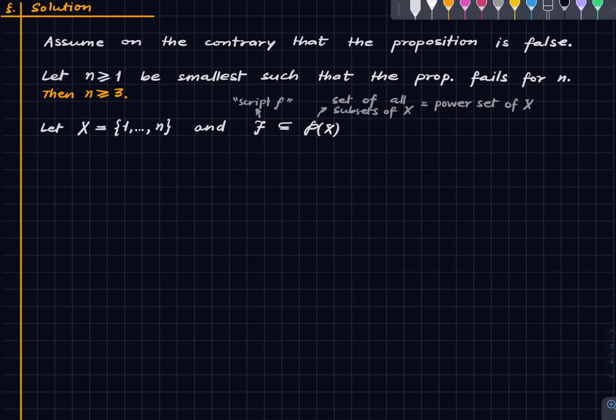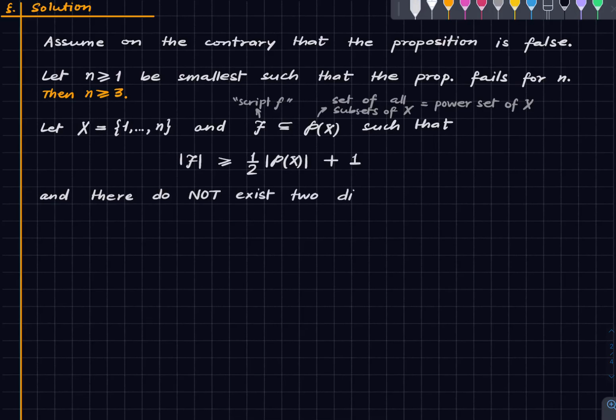Okay, so we have chosen script F as a subset of the set of all subsets, meaning F is a collection of subsets of X, a collection such that F has more than half of all subsets of X, and with the property that there do not exist two distinct members in F one of which is contained in the other.